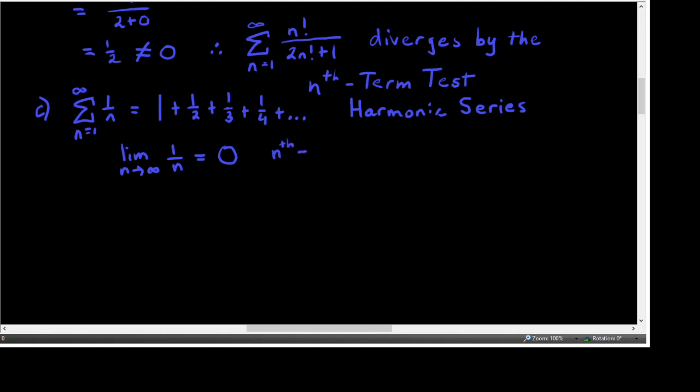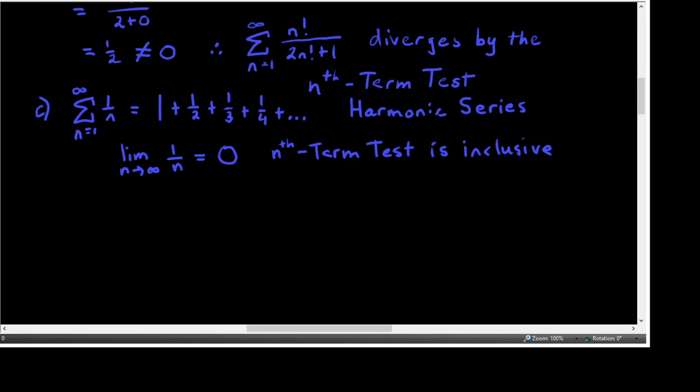So the nth term test, and you won't have to write this much because you'll just do this in your head, when you get equals 0, is inconclusive. So if you're told to use the nth term test and you get 0, you will have to write this. But generally speaking, that's not a thing. If the limit is 0, then you're going to go about trying to figure out, well, actually, does it converge or diverge? Because that test doesn't tell you anything. If it's something that's not 0, you can go straight to divergence and you're done.